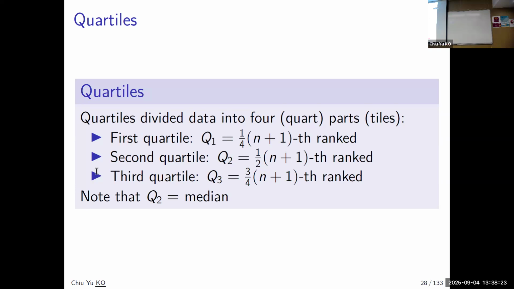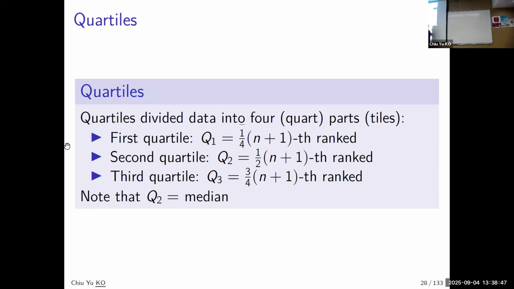If you think loosely, once you do the cut, you cut the data into two halves. The first half gives you quartile 1, and the second cut will give you the third quartile. So the interquartile range measures the distance between Q1 and Q3.